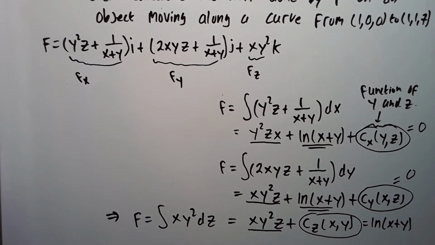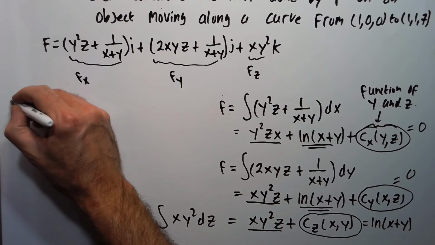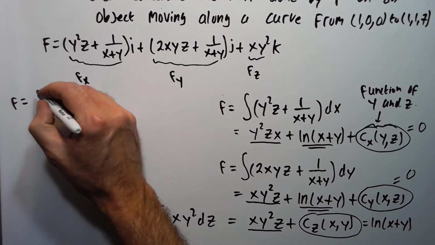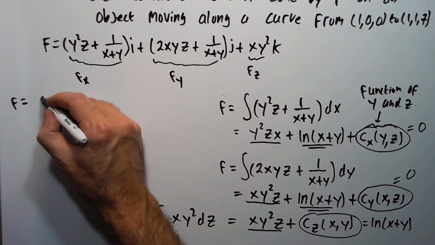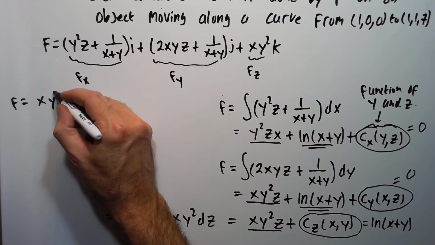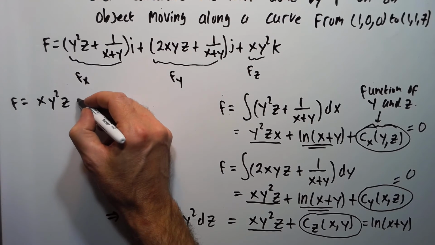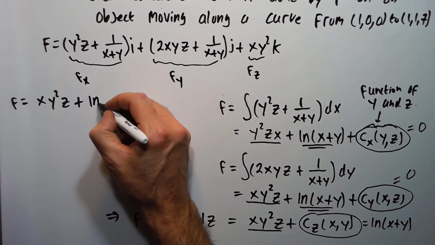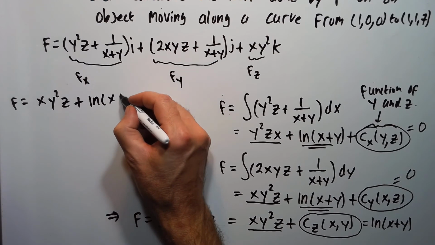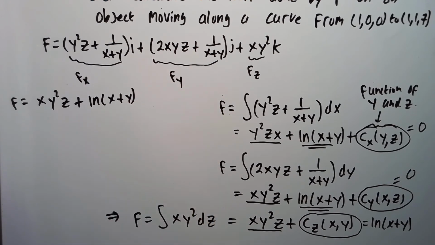Okay, so now we've identified our f. Let me write my f over here, the small f. So we said it's going to be x, y squared z plus ln of x plus y. Okay, so we got that now, and now I guess we don't need this stuff over here anymore.